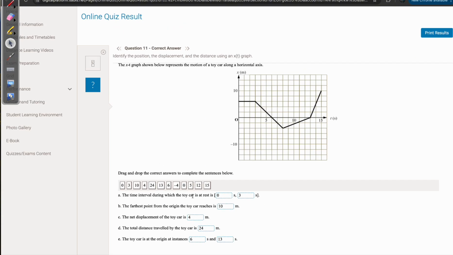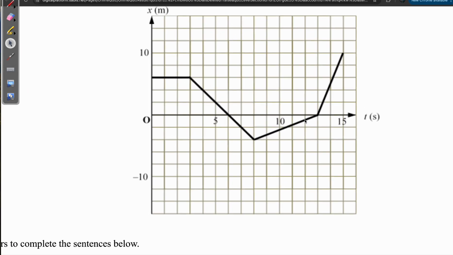Meanwhile, for the distance, that's a different story. Let's start from when the car changes position, since here the car is at rest. So we start at 6, then go all the way to negative 4.